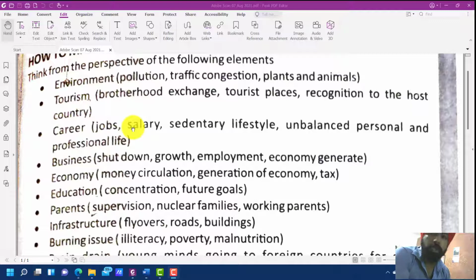For example, if the topic is based on environment, it could be on pollution, traffic congestion, or plants and animals.